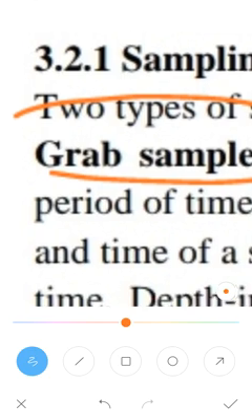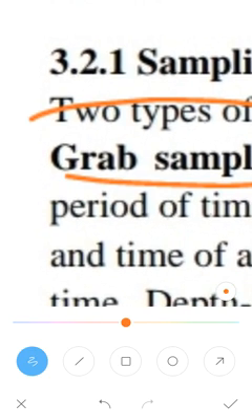Then the sample may represent a larger time period and a larger volume also. In such cases, the source at the specific time and place of collection may be sufficient for a single grab sample, or it may need multiple.